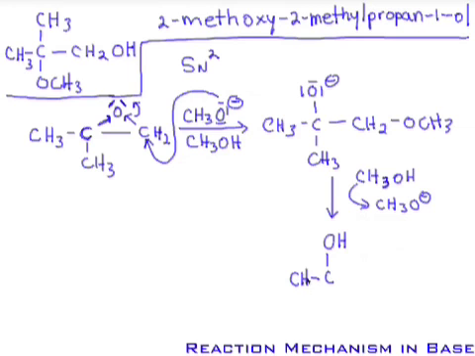Because remember, when something's a solvent, it's present in vast excess compared to the molecules dissolved in it. And so here is our product. And we can name this product: 1, 2, 3 carbons. This is a propan-2-ol with a 1-methoxy, 2-methyl.